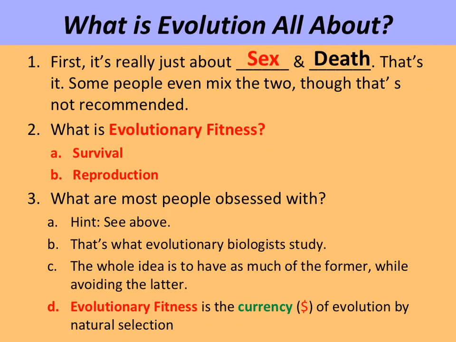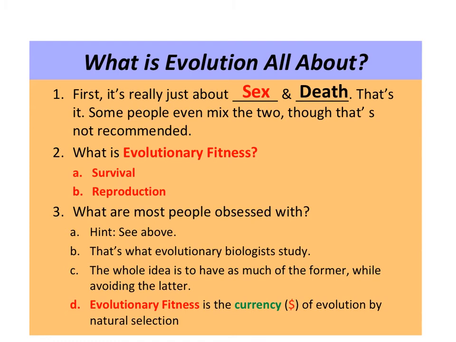Okay. So, what is evolution all about? First, it's really just about sex and death. Or actually, it's about survival and reproduction. Okay? But sex and death sounds better. It's all about sex and death. That's it. You can read that. Now, the currency of evolution by natural selection is evolutionary fitness.